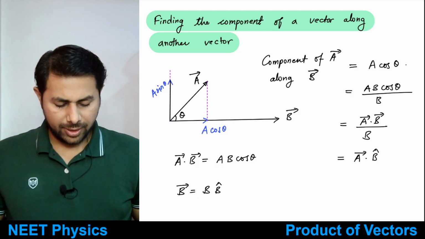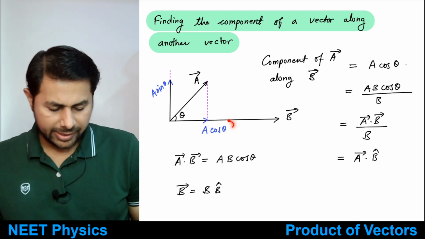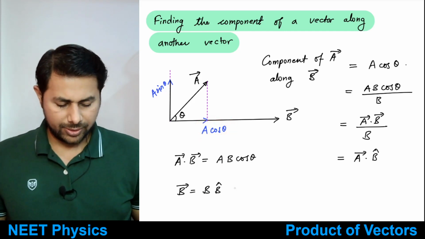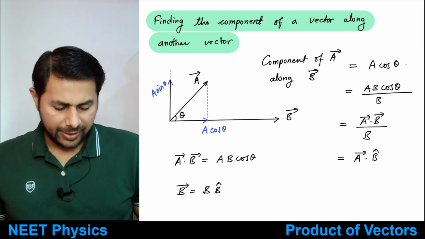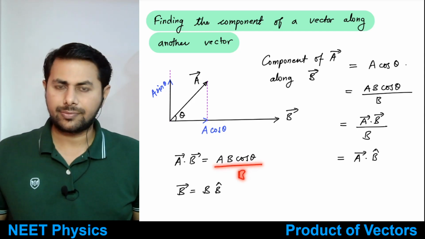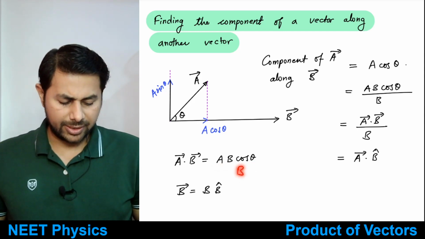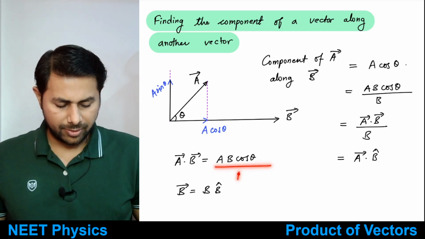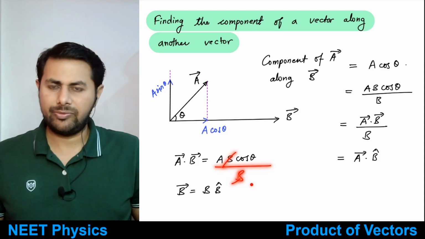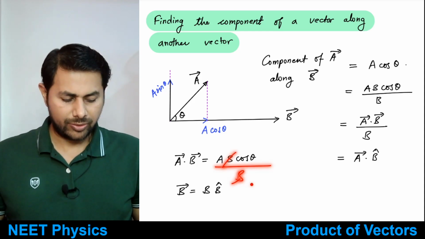What I want is a cos theta, so I will divide this by b, where b is the magnitude of b bar. Then b and this b get cancelled out.